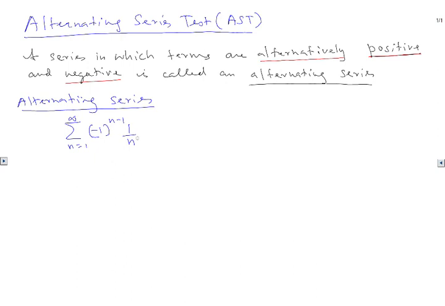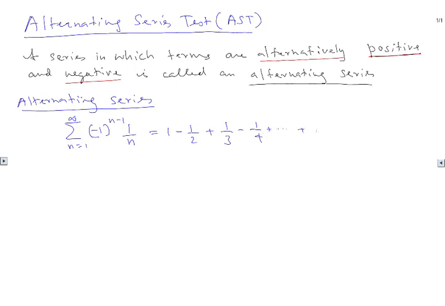If you write the first few terms and plug in n equals 1, you get negative 1 to the 0, which is 1, so a positive sign, and 1 over 1, so it is 1. When you plug in n equals 2, you get negative 1 to the 1, which is negative, and 1/2. When you plug in 3, you get negative 1 to the 2, which is positive, and 1/3, then 1/4. So that's how the terms behave.